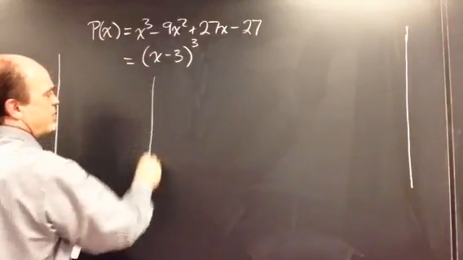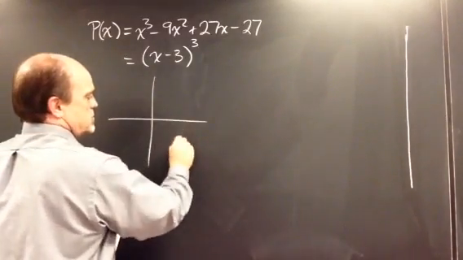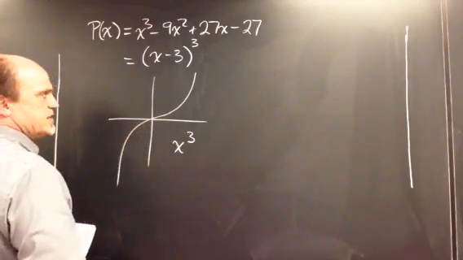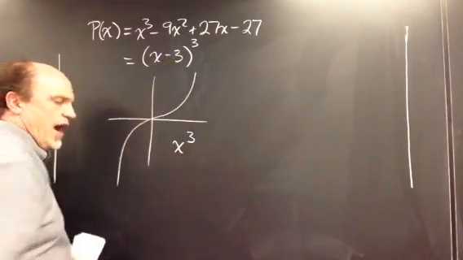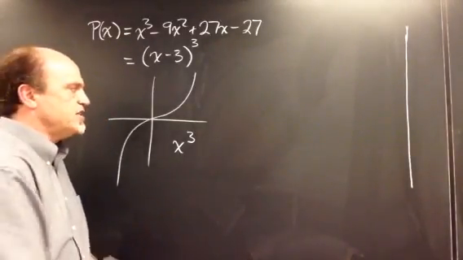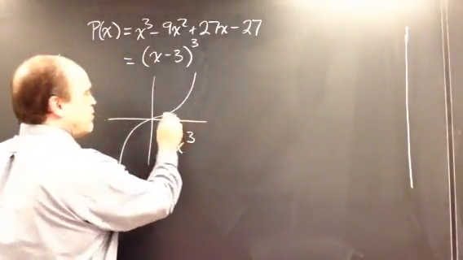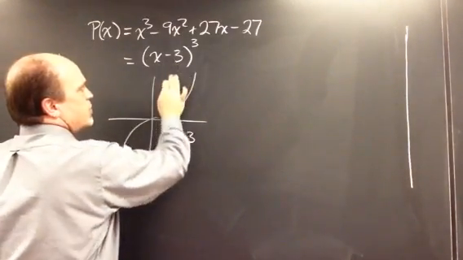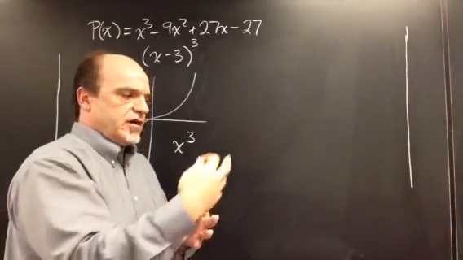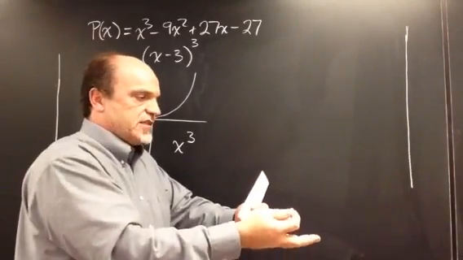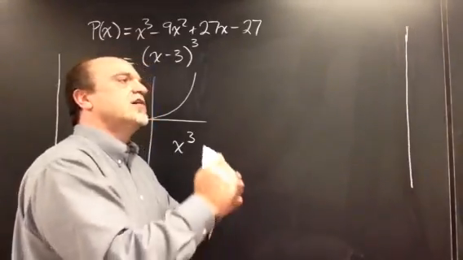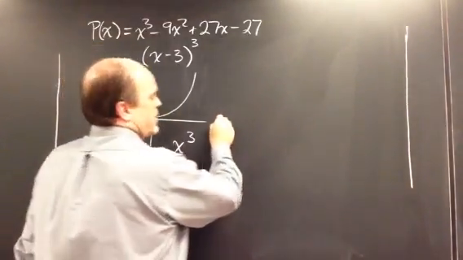If we look at the graph of x cubed, we've seen it before, that looks like this. But if we're going to subtract 3 from every value of x that we put into this function, then what we saw before was, if 3 is going to be removed, like if you apply a tax, every time you put something into this function, the first thing that's going to happen is 3 is going to be removed, then to compensate for that, we're going to have to increase our input by 3.